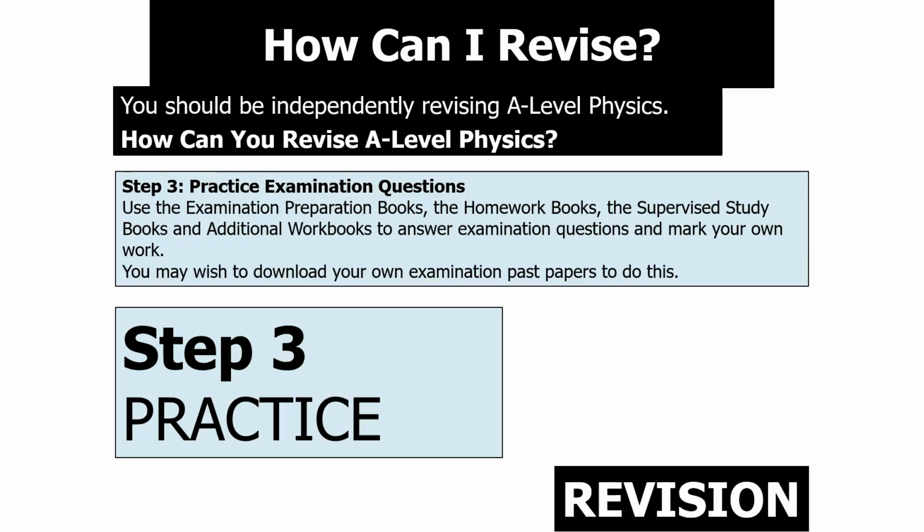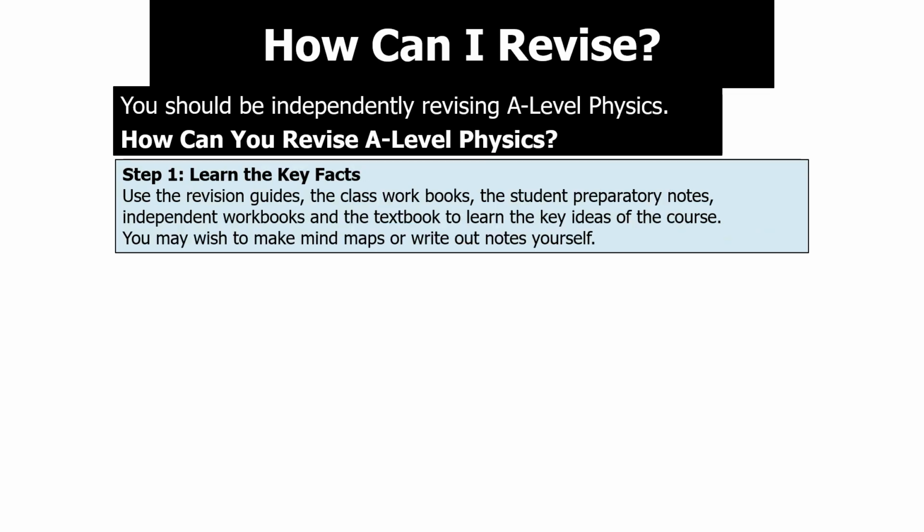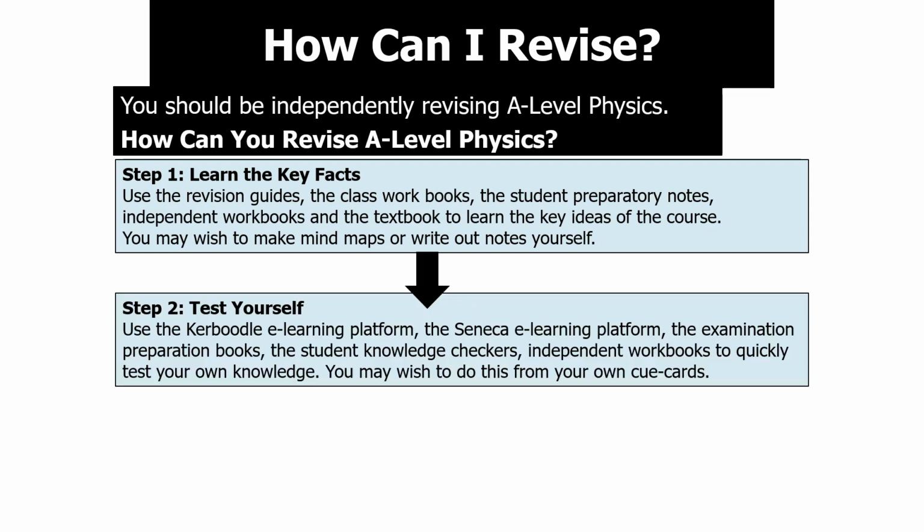Then the third step is to practice examination style questions, so use exam prep books, homework books, study books, additional workbooks to answer exam questions and mark your own work. Now you may wish to download your own past papers to do this. So the three steps of revision are to learn the key facts, to then test yourself, and then to practice examination style questions.